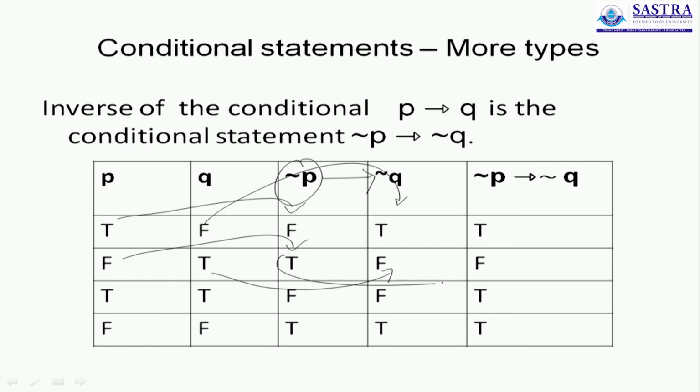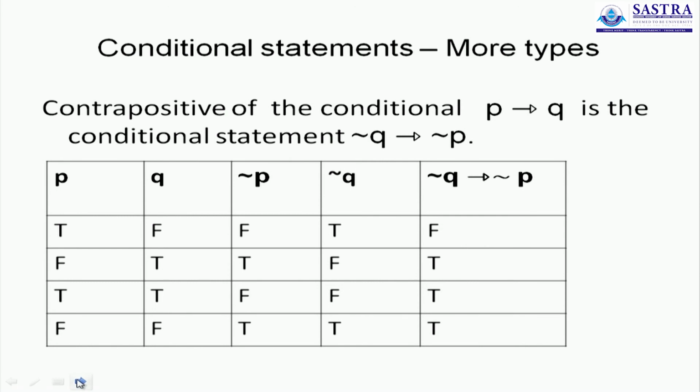That's observed in the second row, where negated P is true but negated Q is false, so such a conditional will take up a false value. In all other cases, this conditional takes up only a true value, and that is what you call an inverse. You don't swap anything, you just negate whatever variable is part of the conditional. That's what you call the inverse.